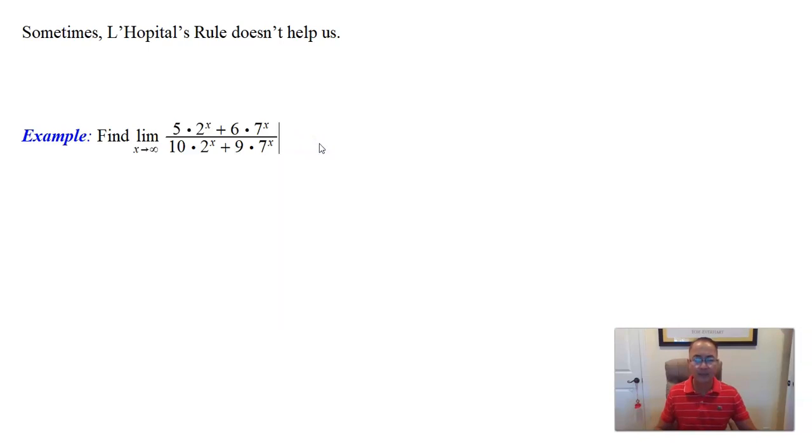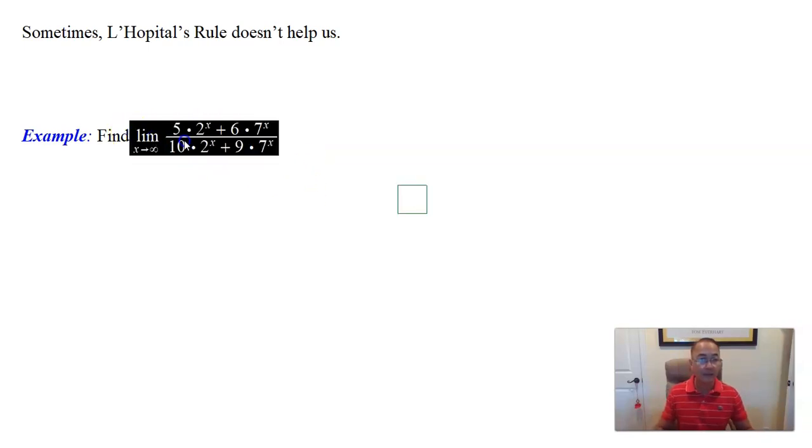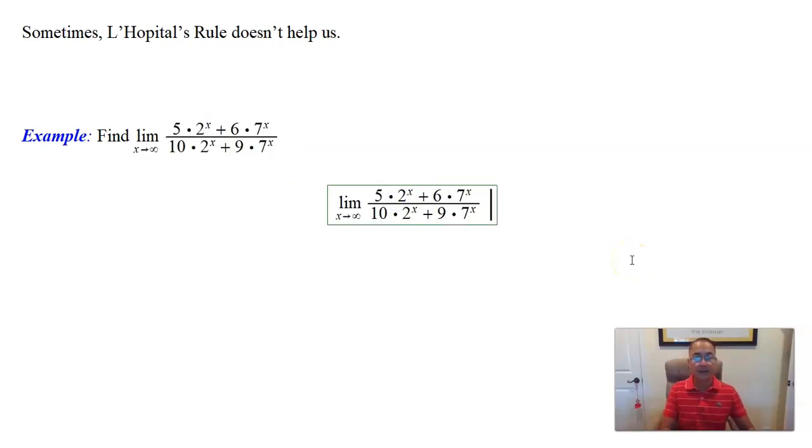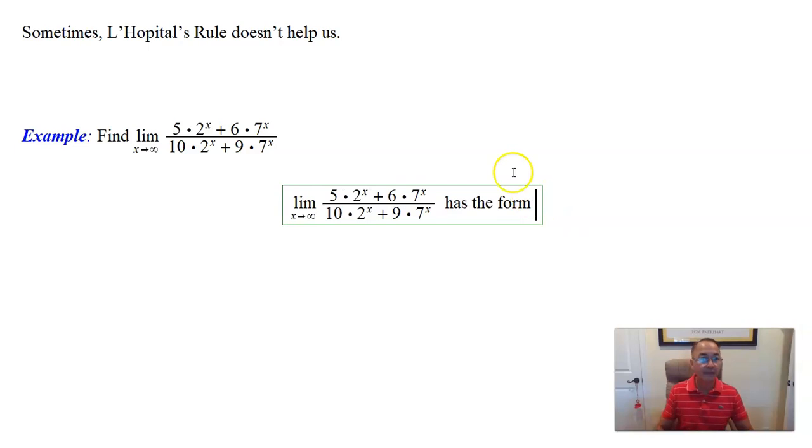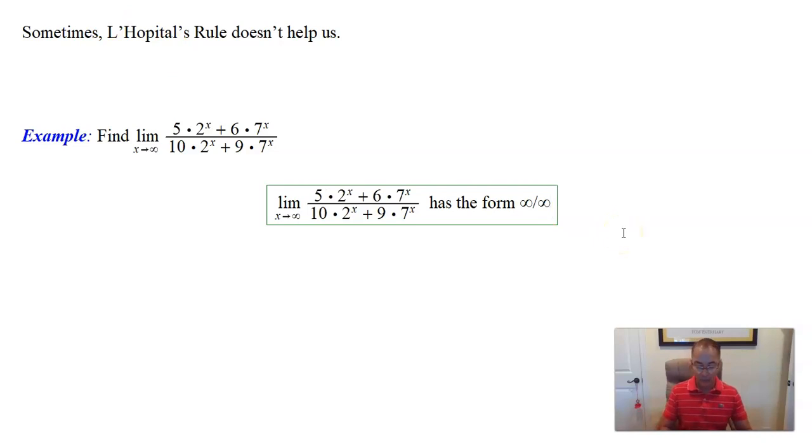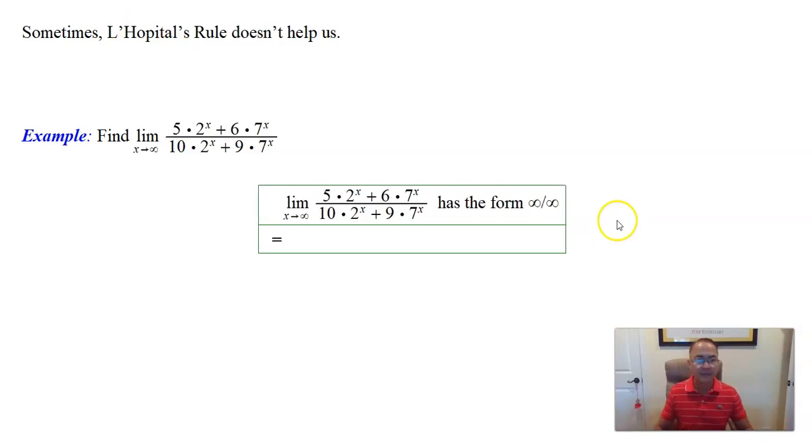So we can use L'Hopital's rule, and we'll have to take the derivative of the numerator and the denominator. So we can say, grab the limit here. The limit has the form infinity over infinity, so we can apply L'Hopital's rule.